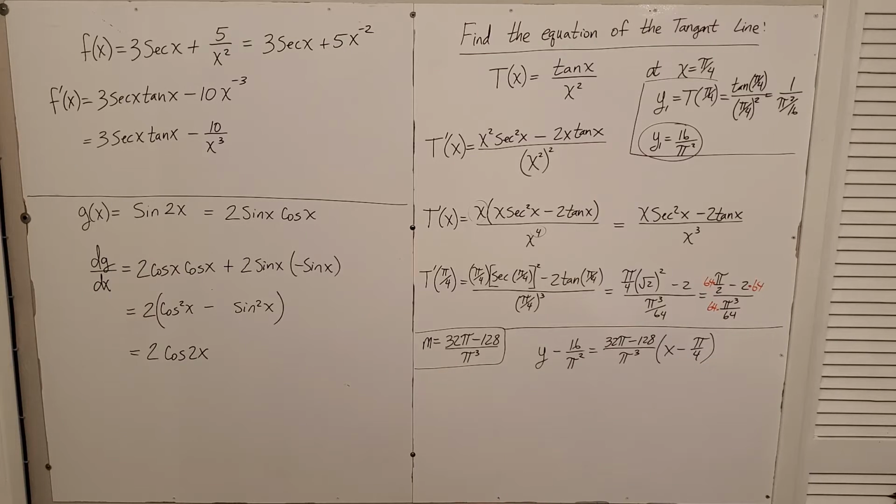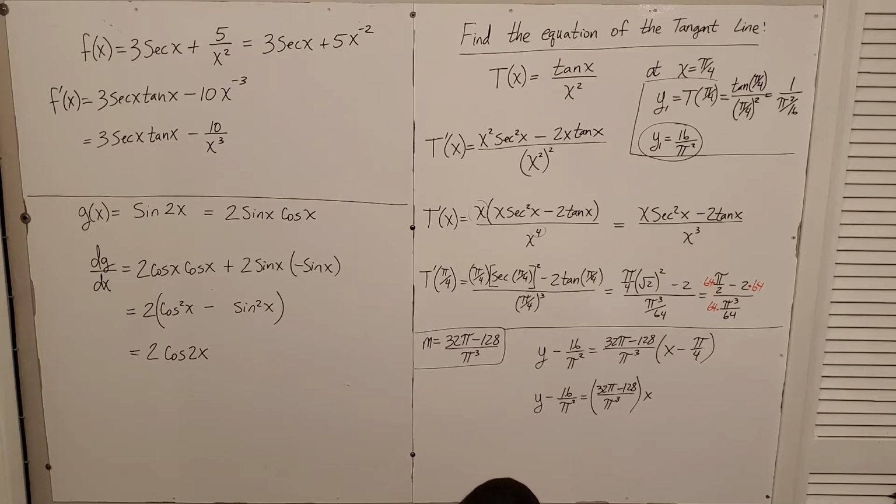All right, so I'm going to distribute this. I've got 16 over pi squared. I'm going to have 32 pi minus 128 over pi cubed times x.